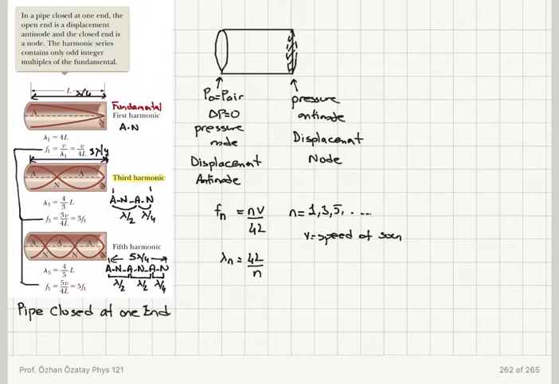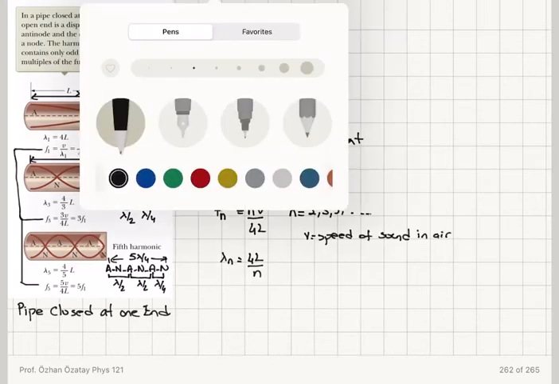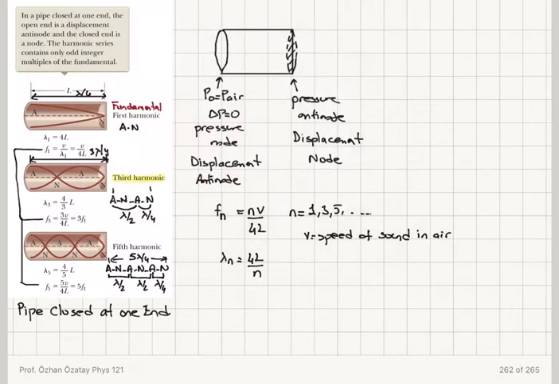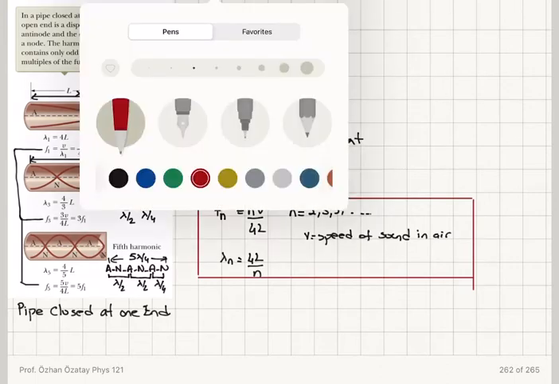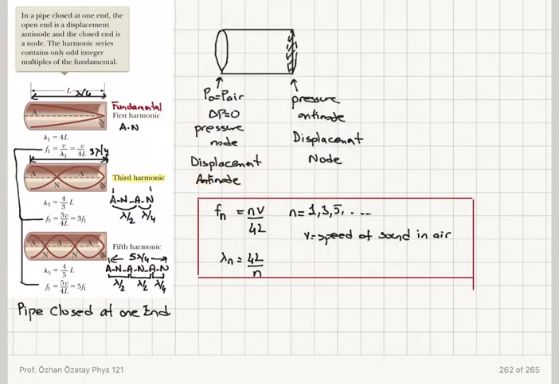So what is V here? V is the speed of sound, since this is in air, the speed of sound in air. So basically this summarizes our analysis of this boundary condition.